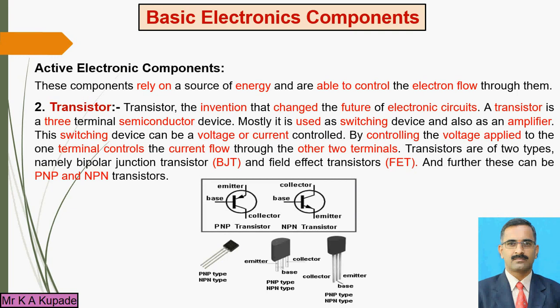And how that transistor looks is also shown in this particular slide. In this symbol, the emitter has the arrow mark pointing inside, towards the base. This kind of symbol is the PNP type transistor. Another symbol shows the arrow mark from the base towards the emitter.